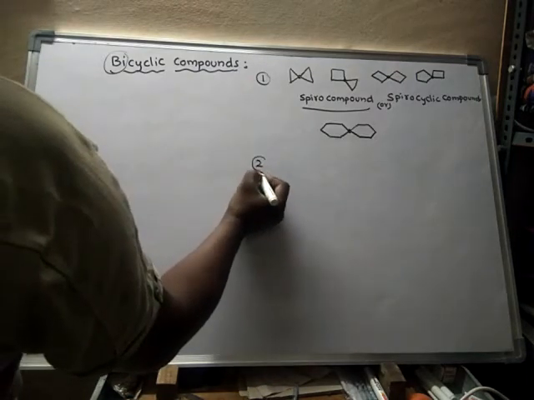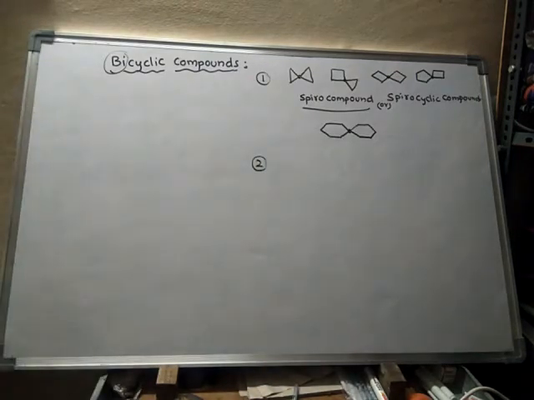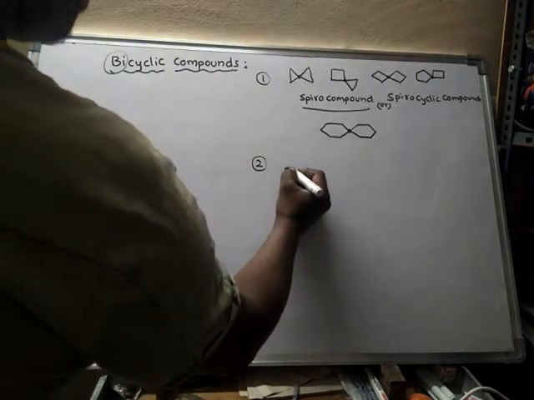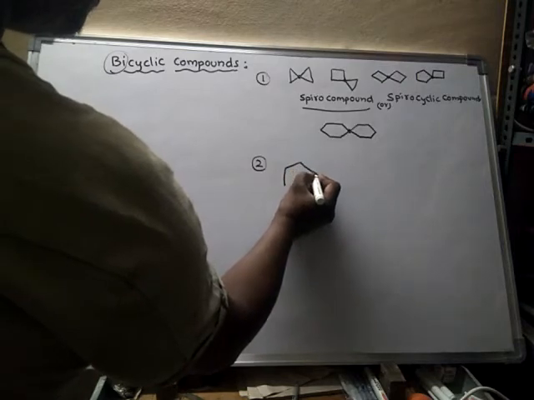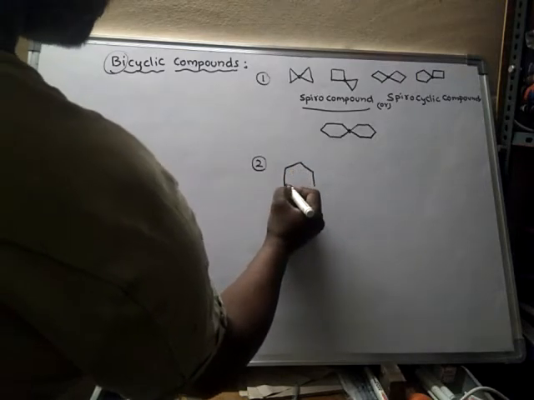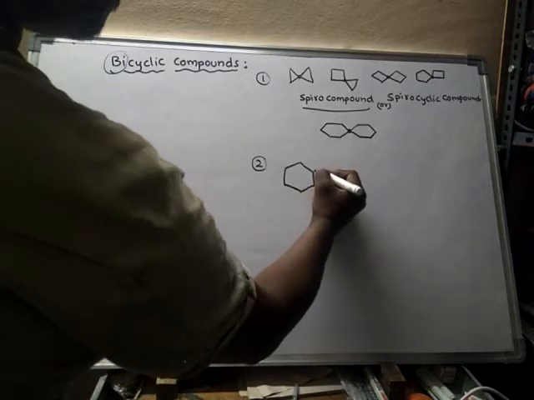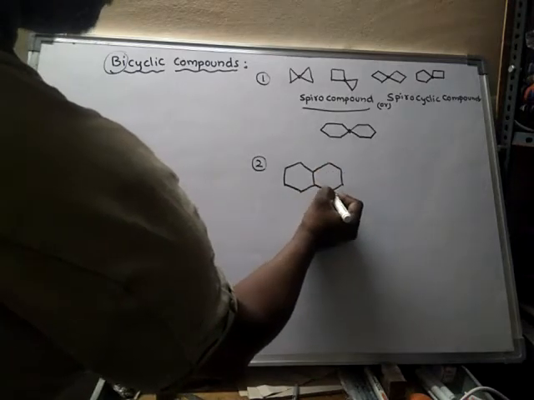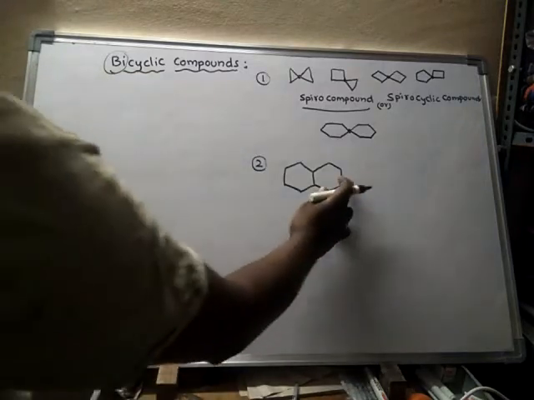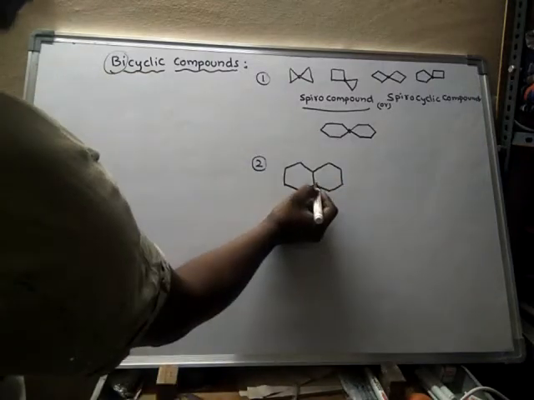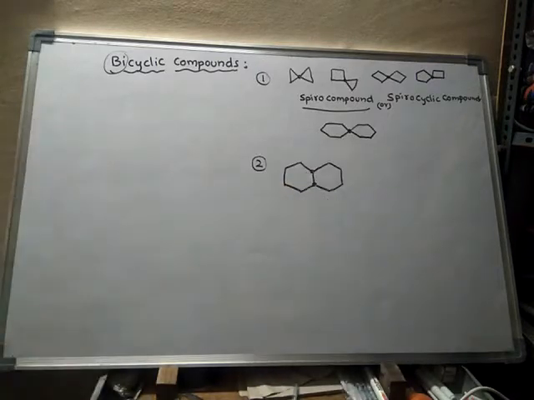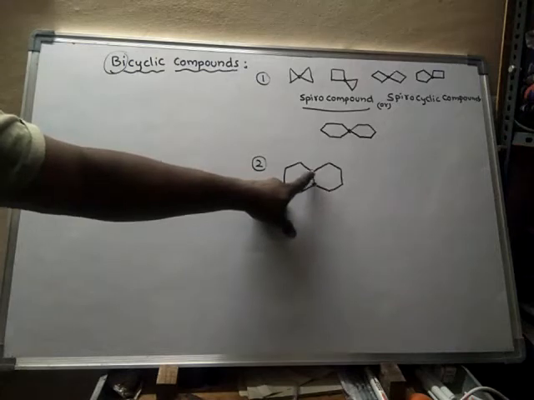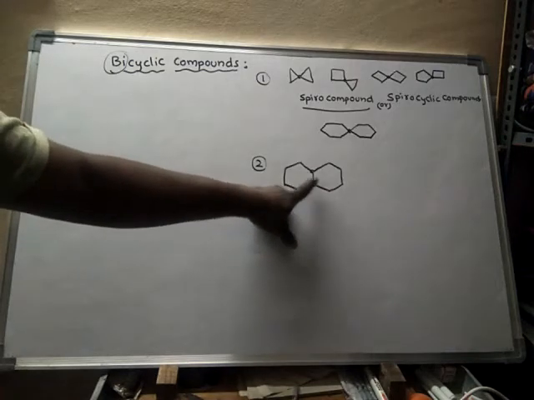What is the second type of bicyclic compounds? See here, in the second type, for example, two rings are there like this. Bicyclic means two rings. So here two rings are joined by two carbon atoms. These two carbon atoms become part of this ring as well as part of the other ring.